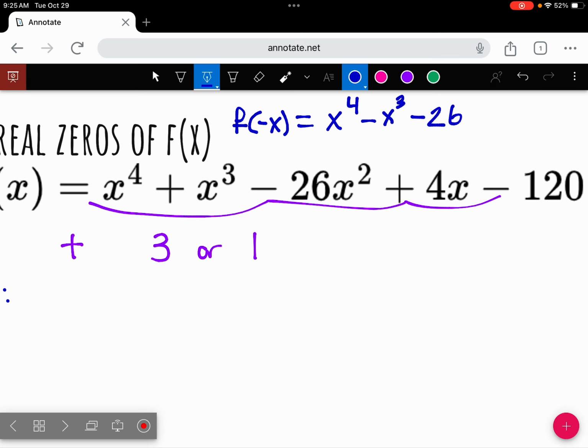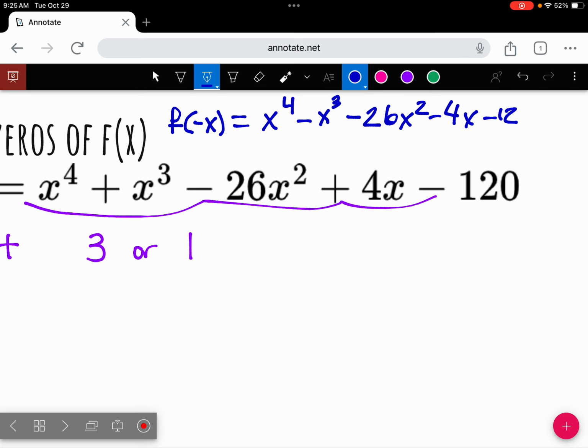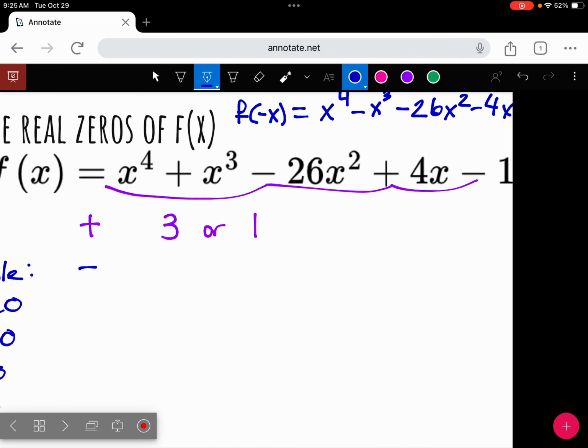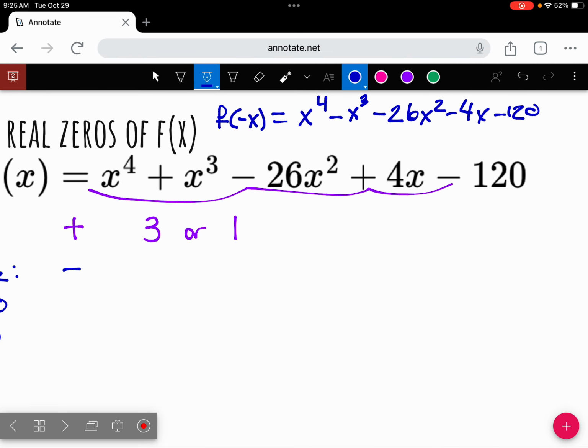And remember, minus 26x squared minus 4x minus 120. So how many sign changes does our negative have? It just has 1. It starts positive, it switches to negative, and it never comes back out of the negatives.